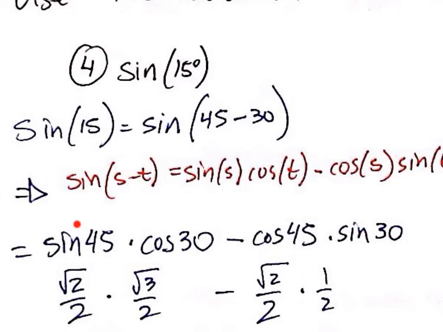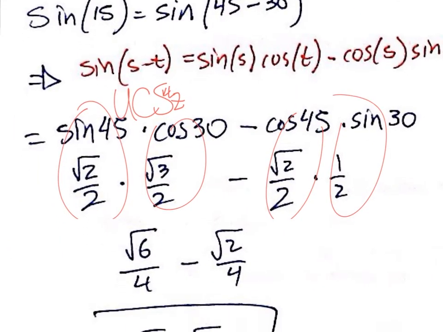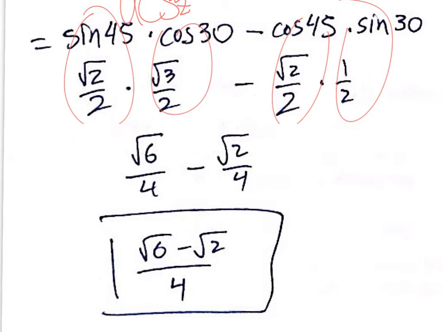And using your unit circle skills, there we go. And we find each of these, and then we have to multiply square roots and stuff. So root 2 times root 3 is root 6. Root 2 times 1 is root 2. And we simplify because we have this common denominator 4.